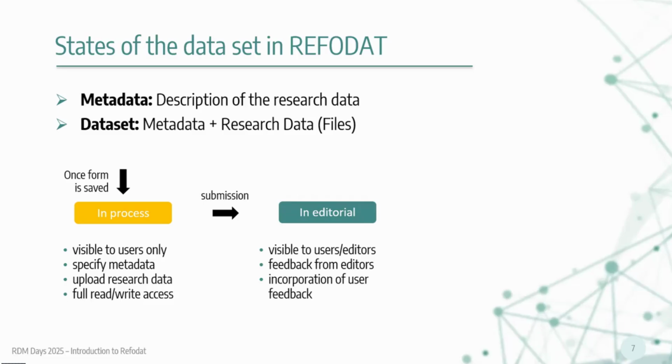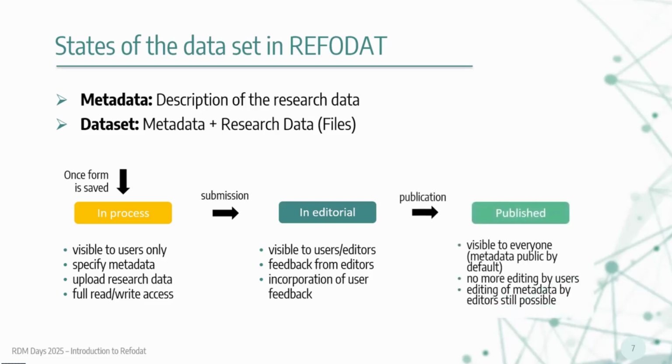And at this stage, an editor will have a look at your submission and provide feedback to you, the user, that you can then incorporate if necessary. And then afterwards, when the feedback was incorporated, will be the publication step, and the record will change to published and become visible to everyone.